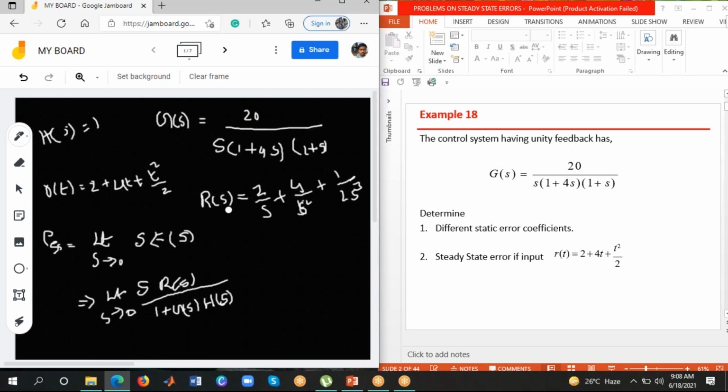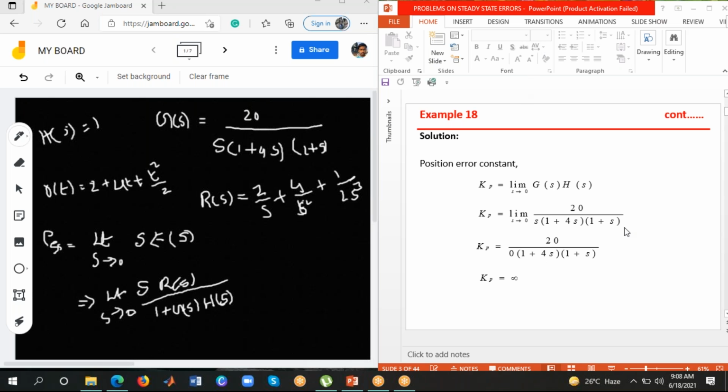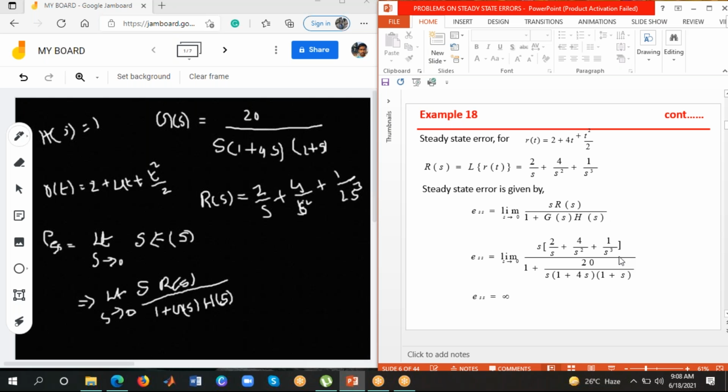So this is the input value in s terms: 2 by s plus 4 by s square plus 1 by s cube. Here the 2 will get cancelled. So this is the R of s value: 2 by s plus 4 by s square plus 1 by s cubed.